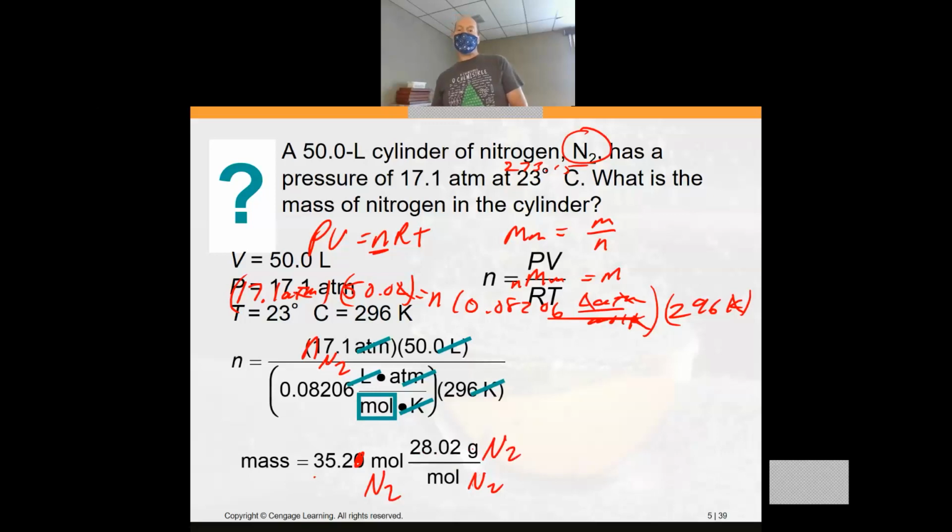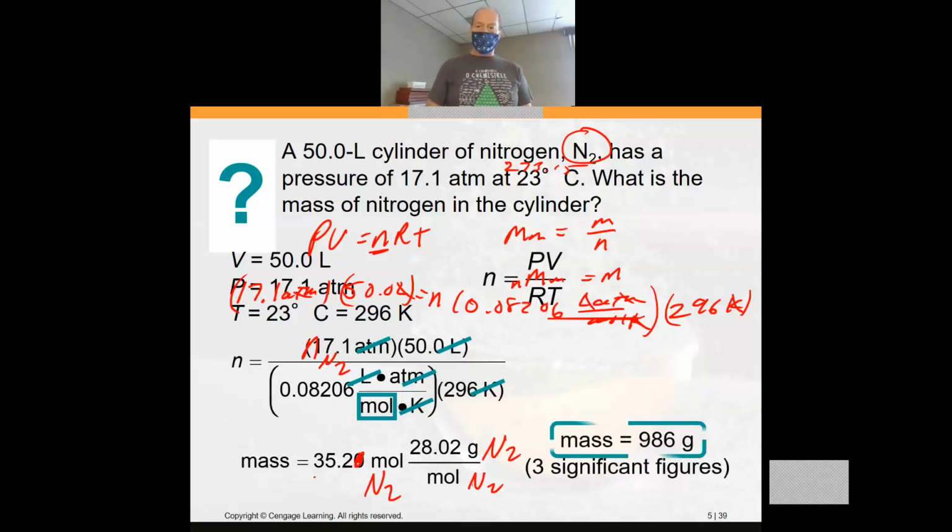So that is not just 14.01, it is two of them, 28.02. And when you push the buttons there, you get 986 grams. So that is the mass of nitrogen in a 50-liter cylinder at 17.1 atm and 23 degrees Celsius.